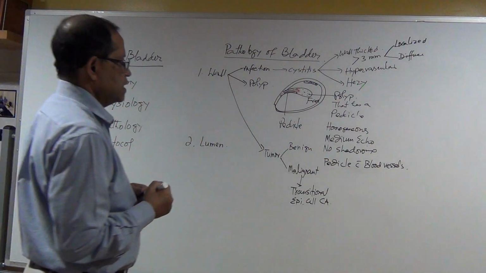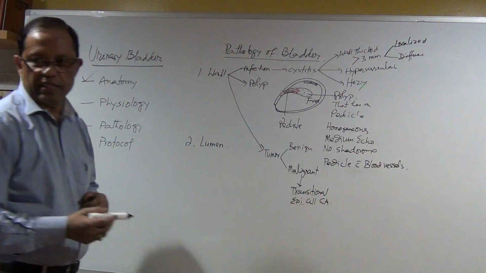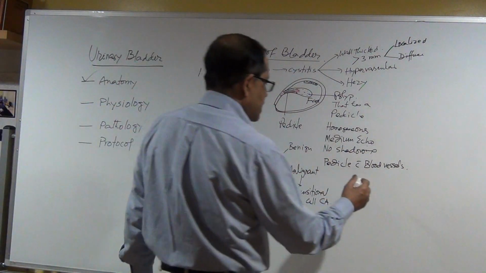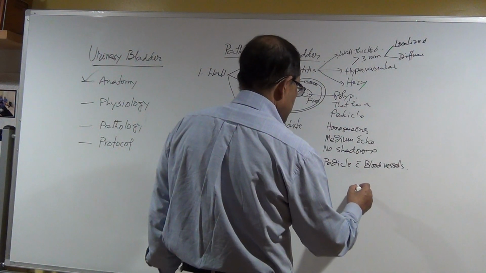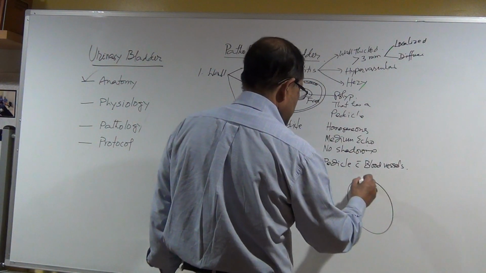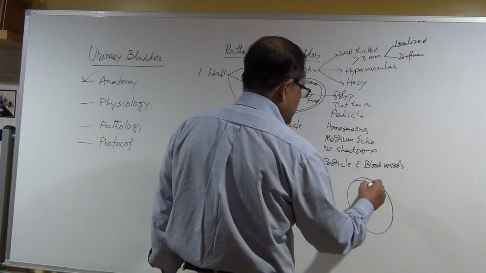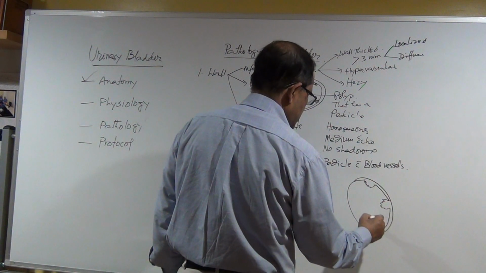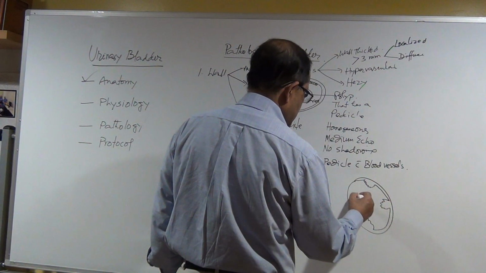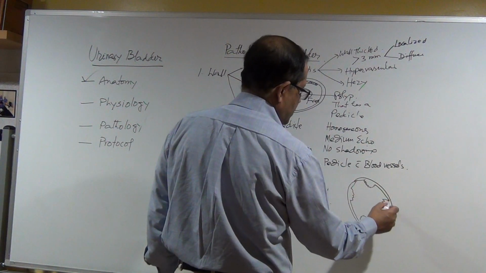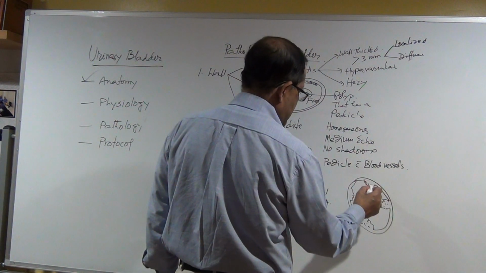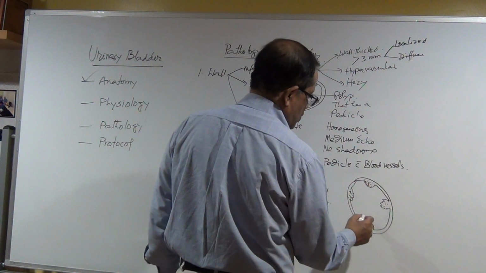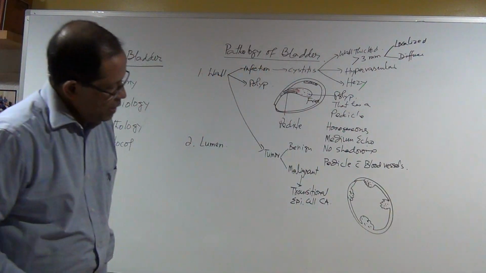Okay? And the other day I discussed the transitional cell epithelial carcinoma. If you see this carcinoma in the bladder, you will see multiple sites. There is a hyperechoic, heterogeneous, necrotic, complex mass in the bladder.